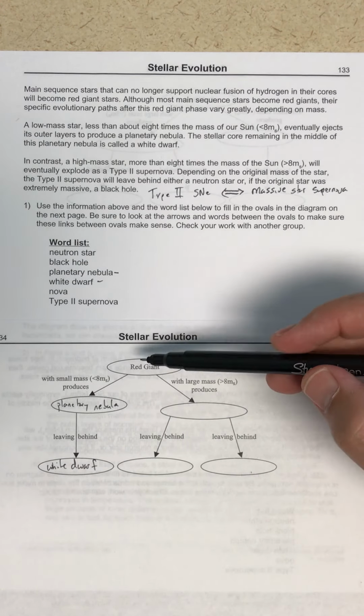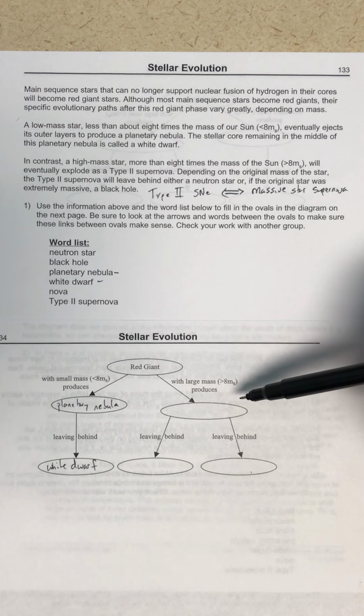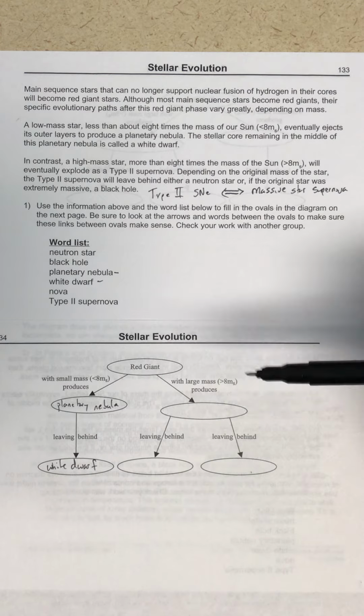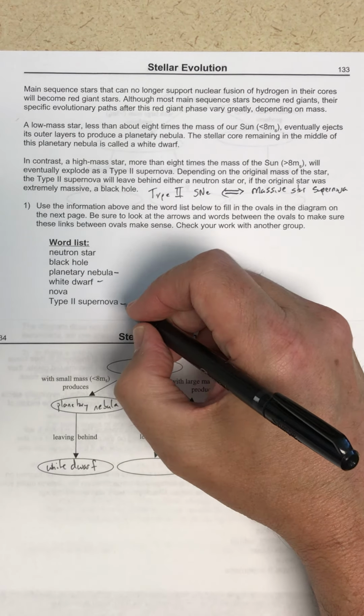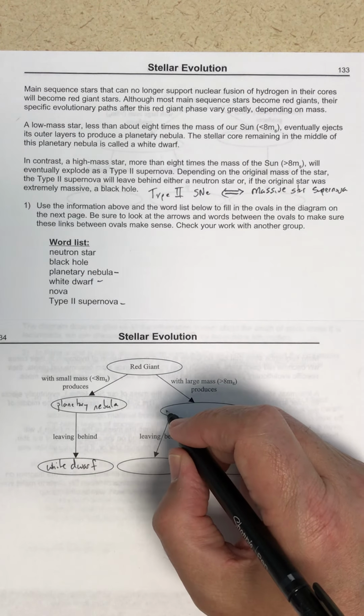Alright. A red giant with a large mass, more than 8 solar masses, is going to produce this term, the type 2 supernova, or a massive star supernova.